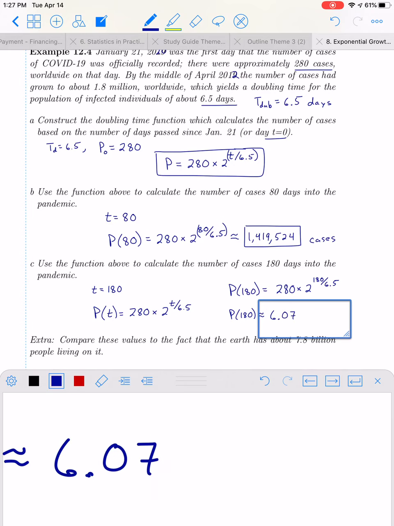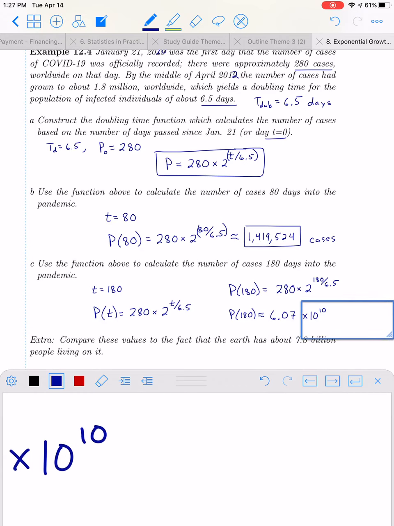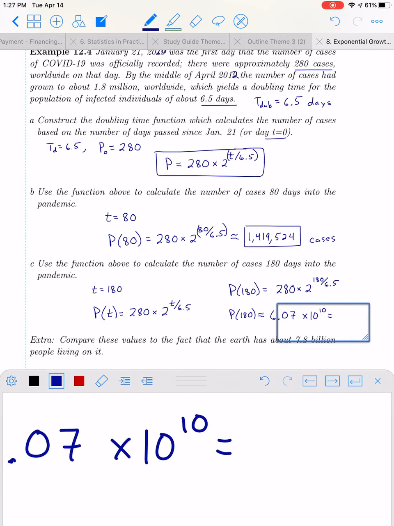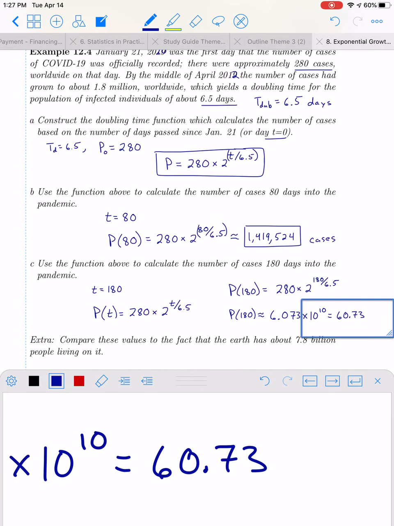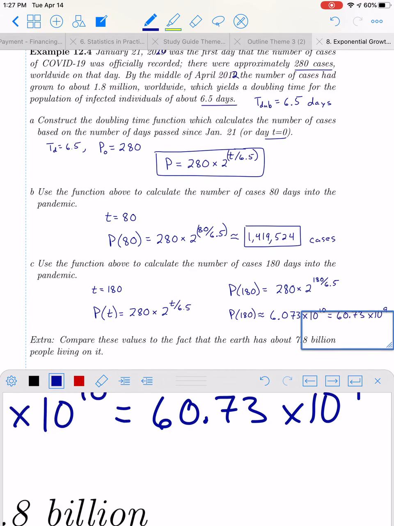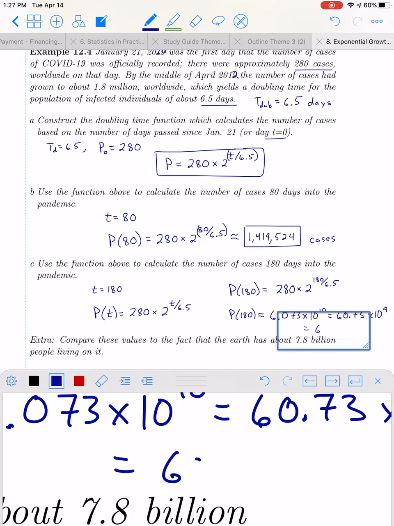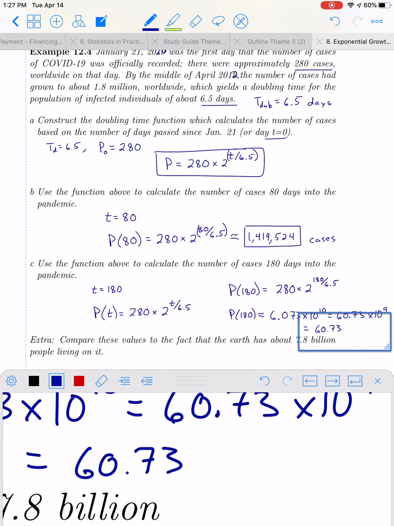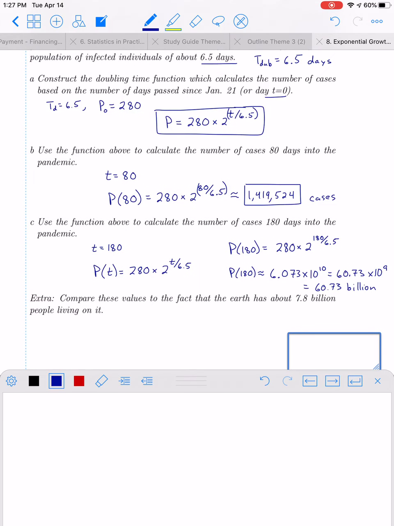I'm just going to round it to 6.07 times 10 to the 10th, which, just to make one slight adjustment, and maybe I'll add one more decimal here, 3, is 60.73 times 10 to the 9th. And I went to 10 to the 9th because that's billions. So that's 60.73 billion people at day 180.